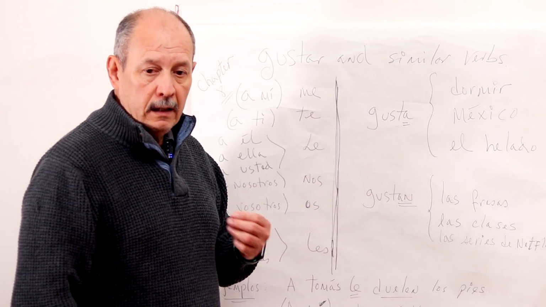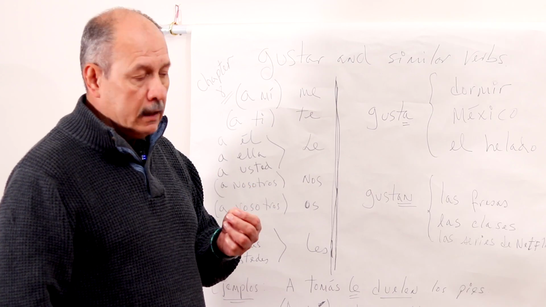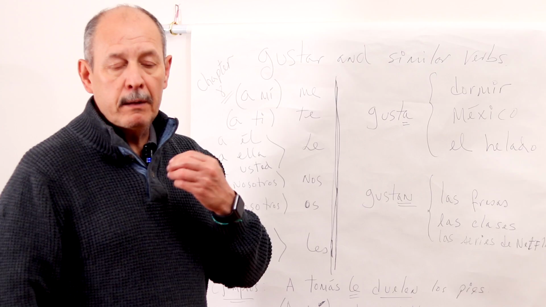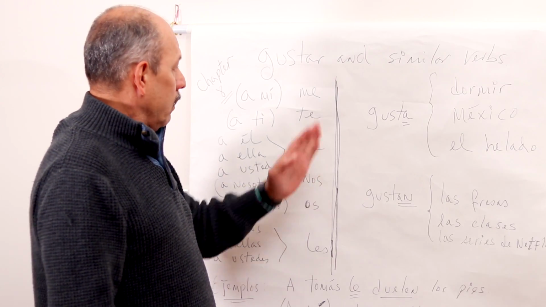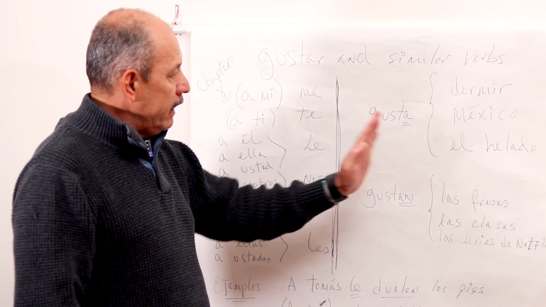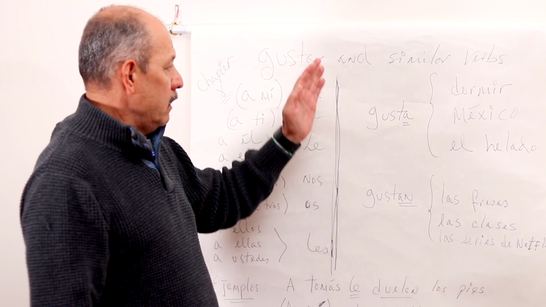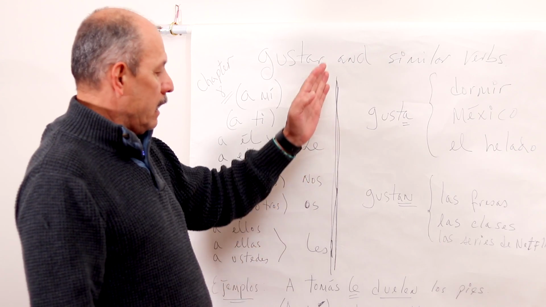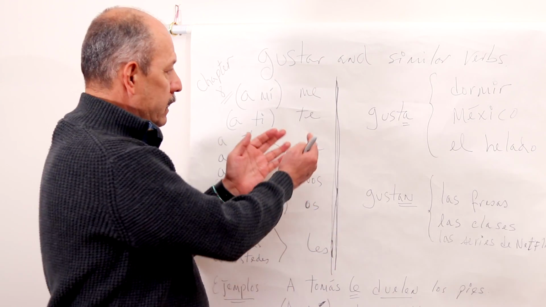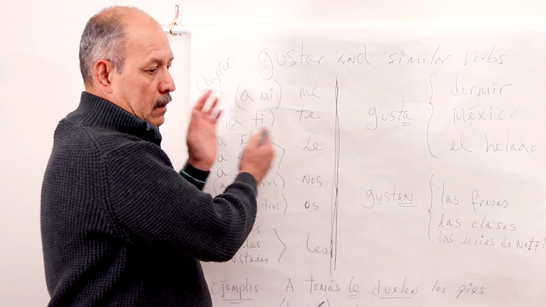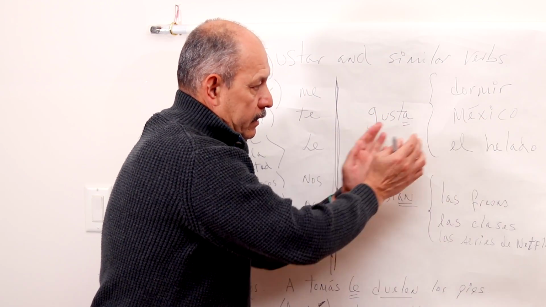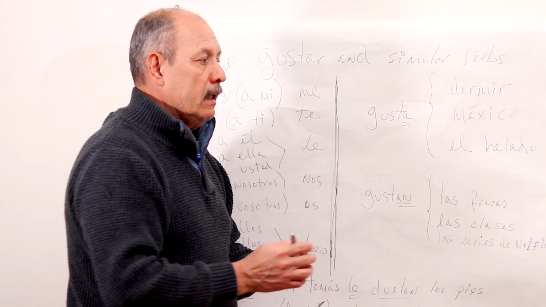Remember, we translate gustar in English as "to like." But formally speaking, it's not "to like," it's "to be pleased by," right? So this line that is dividing the sentence in two is a line that you won't have in a sentence, obviously. But here I put the line just to show you that these two things are related, and these two things on the other side of the line are related.